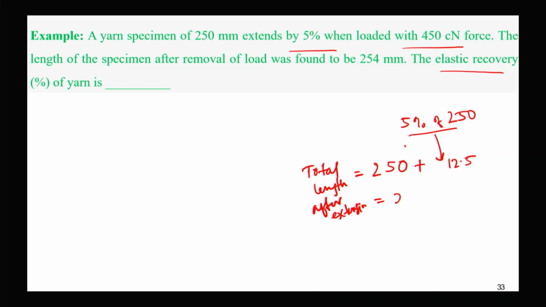So 262.5 is the extended length, and after recovery the length is 254.